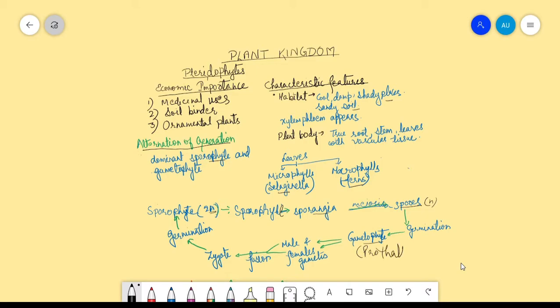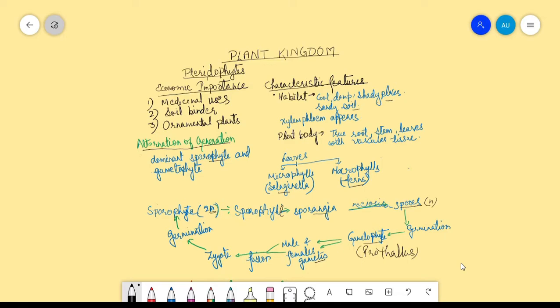Now this prothallus or gametophyte will bear two types of gametes, male gamete and female gamete. These are produced inside the antheridia and archegonia. Antheridia is the male reproductive structure and the female reproductive structure is known as archegonia. Inside the antheridia the male gamete will be produced, and inside the archegonia the female gamete, that is the egg.